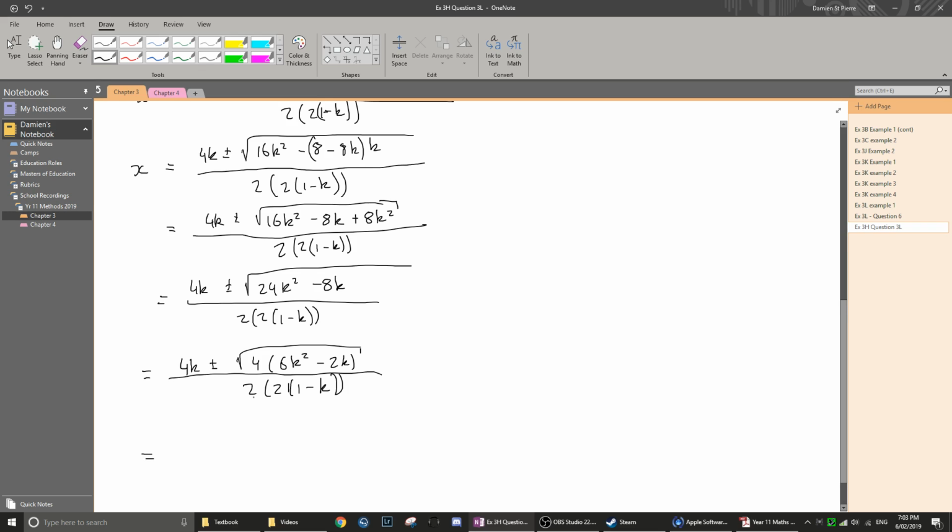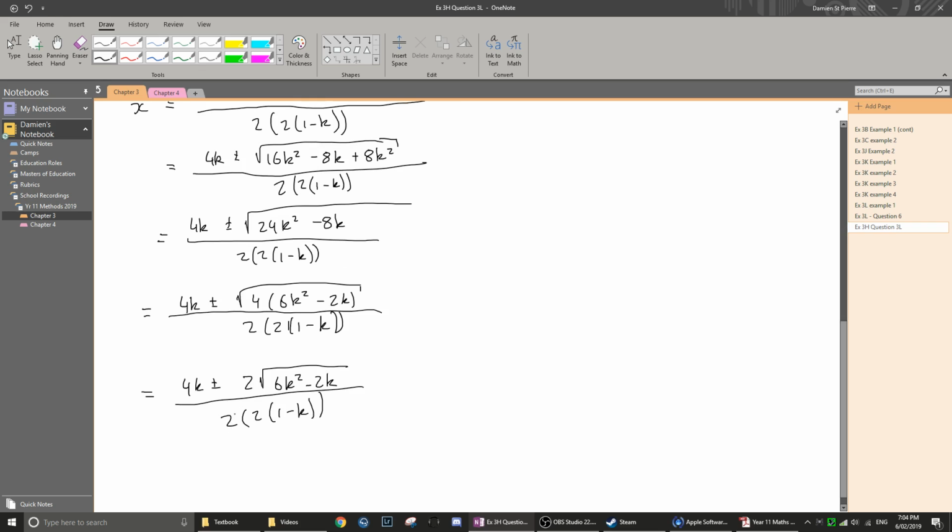And you might be realizing now why I've left that 2 there, because we get 4k plus or minus. Now the square root of 4, we can take out using surd laws. That gives us 2 square root of 6k squared minus 2k, all over 2(1 minus k).